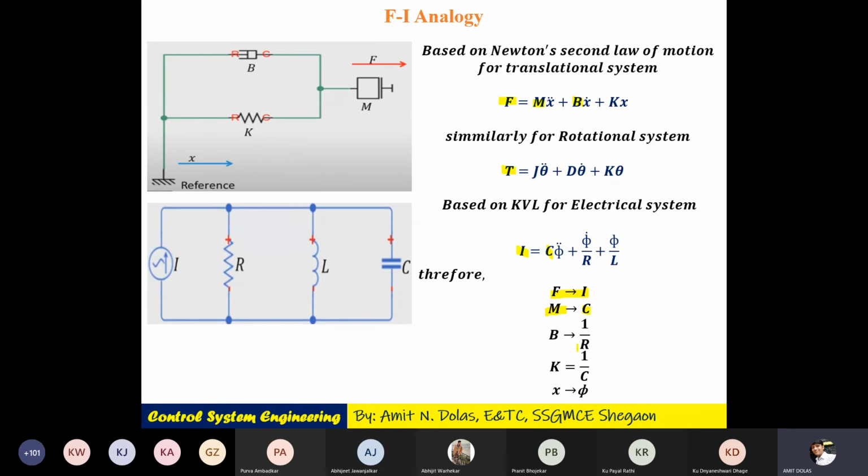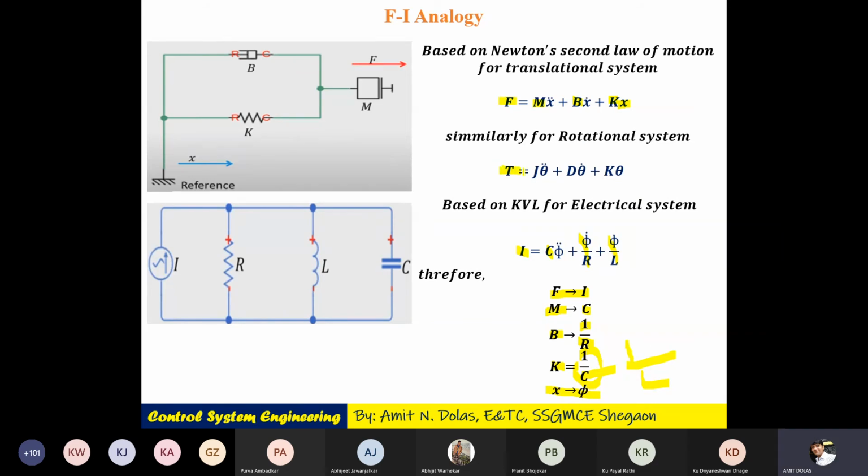Then damper B is analogous to 1 by R. Spring constant K is analogous to 1 by, I'm sorry, here it should be 1 by L. This is wrong, it is 1 by L. And displacement x is analogous to flux phi.